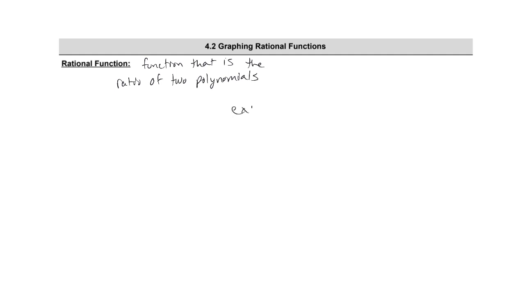For example, it could be like x squared plus 5 over x plus 2, right, where we have a numerator and a denominator. Okay, and it's called rational because essentially one is divided by the other like a ratio. It's essentially the ratio of two polynomials.